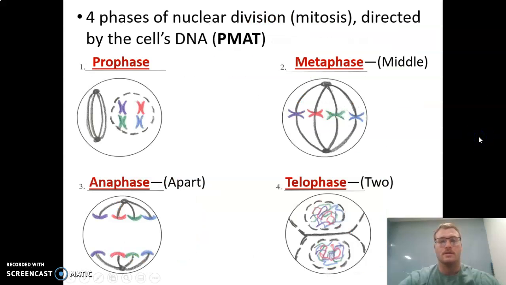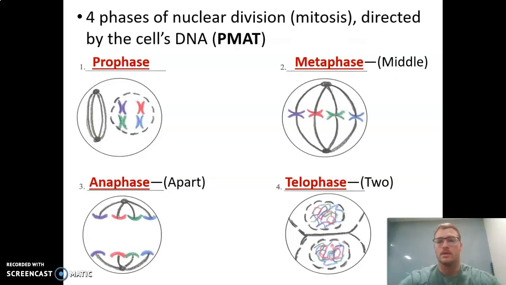So there are four phases of mitosis directed by the cell's DNA. An easy way to remember these is PMAT. The first stage is prophase. I always think of this as prepare. Prophase is the cell preparing to undergo mitosis. M stands for metaphase, and an easy way to remember this is middle.